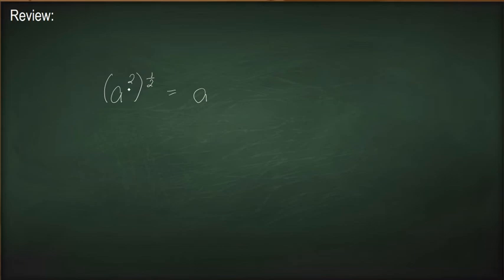So we have now a squared raised to 1 half is equal to what? We are going to multiply the exponents. We have a raised to 2 times 1 half is equal to a. 2 divided by 2 is equal to 1. So that is why we have here a. Or we can just simply mentally multiply 2 times 1 half equals 1.